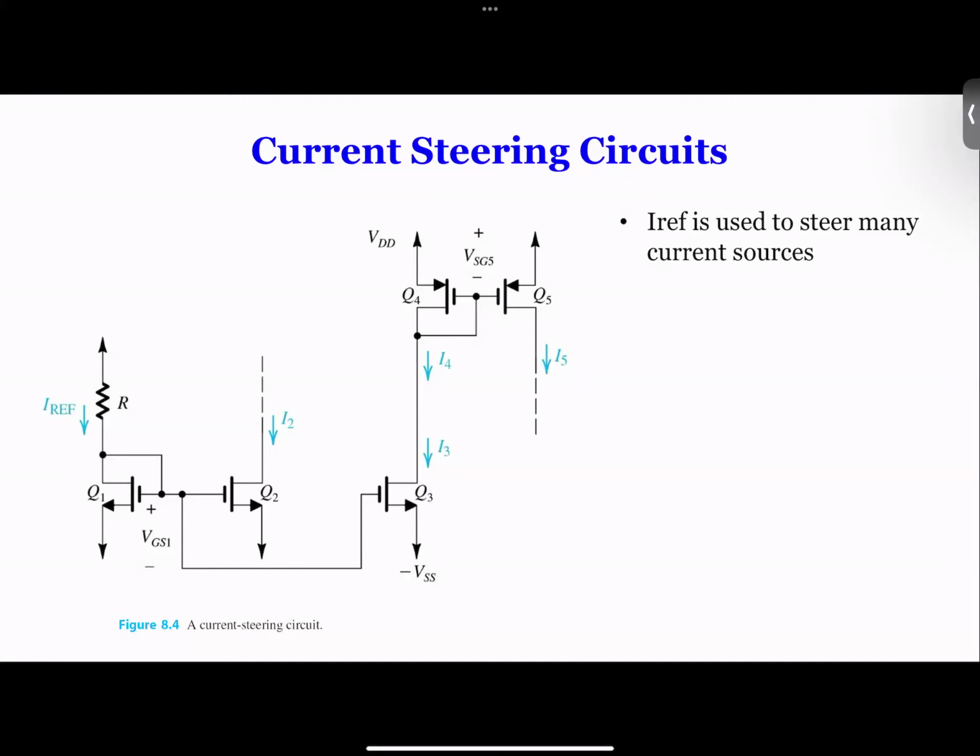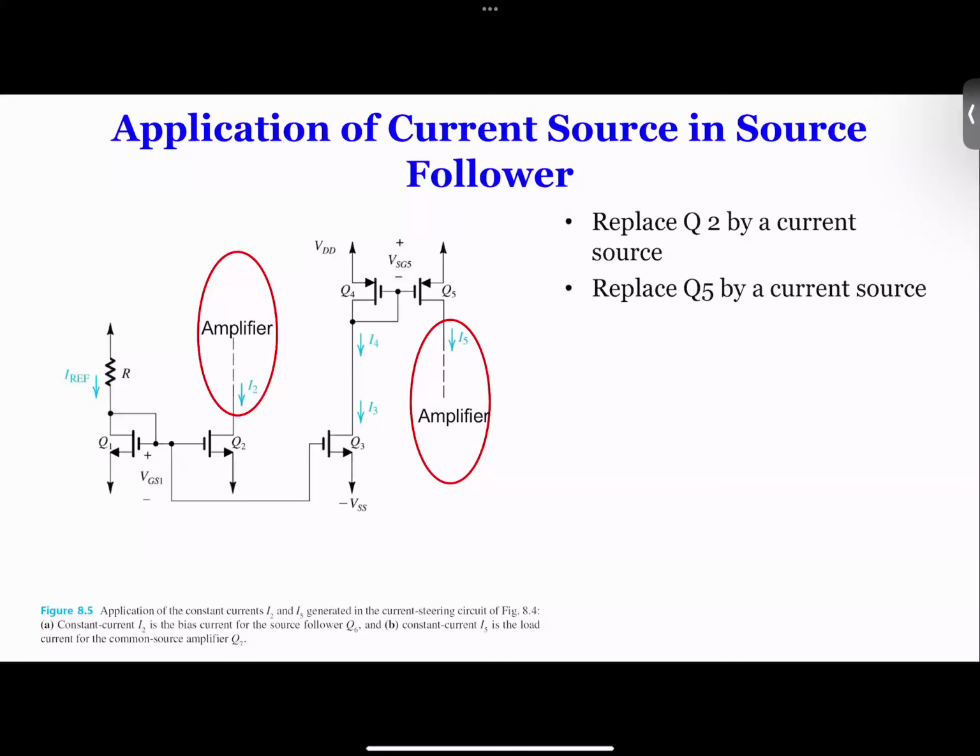For example, we can put an amplifier over here, or we can put an amplifier over here as well. Now, if we put an amplifier over here, we have a current source at the bottom. Let's do one so you can see what it is.